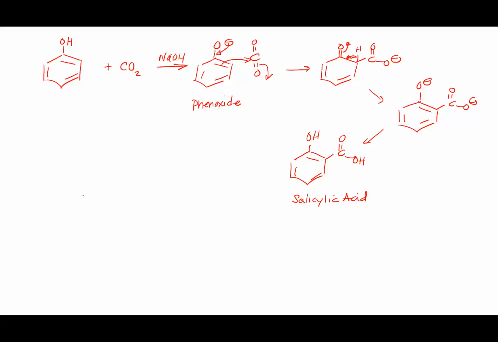So I need acetylsalicylic acid, which means I need to put a C=O CH3 group on the ring to form acetylsalicylic acid.